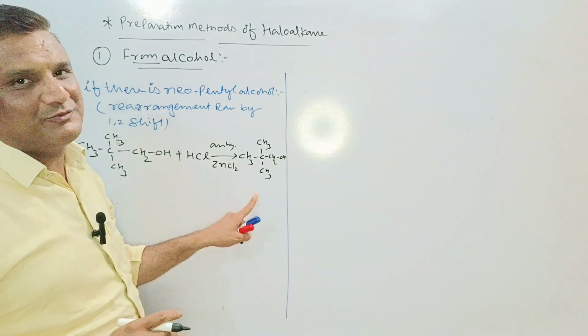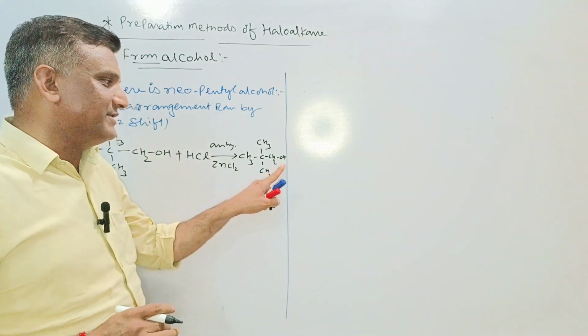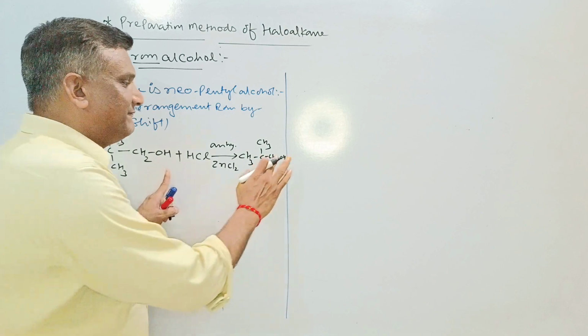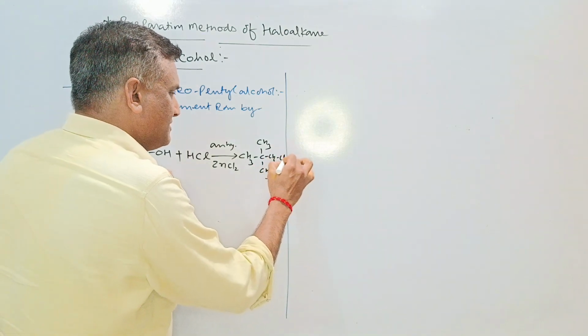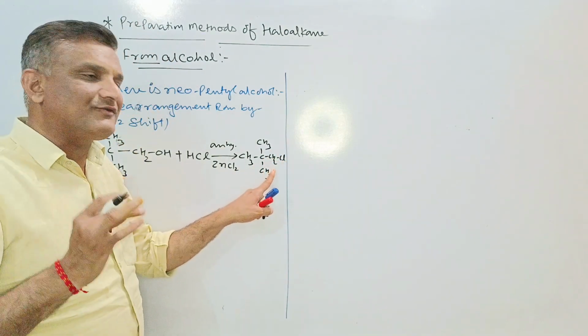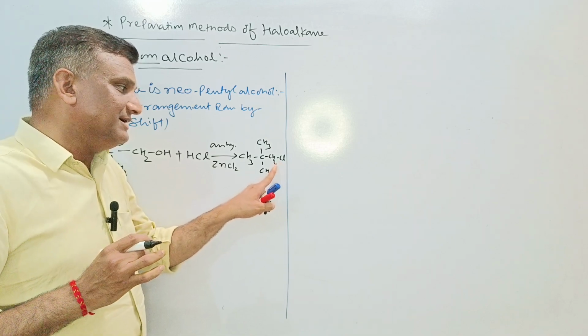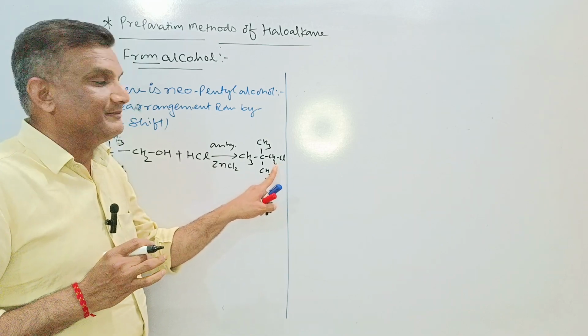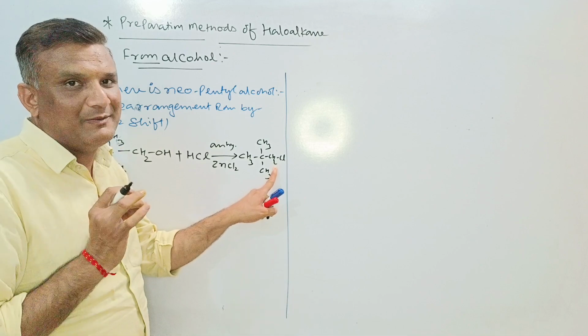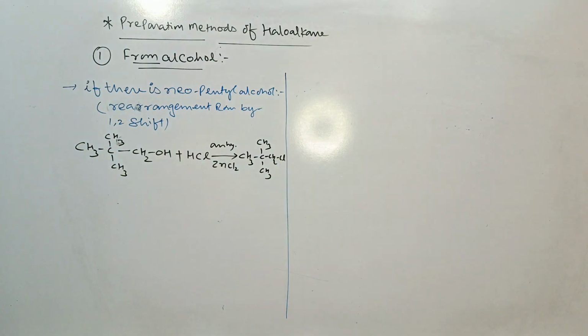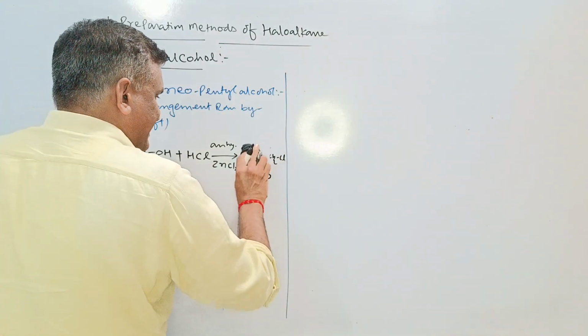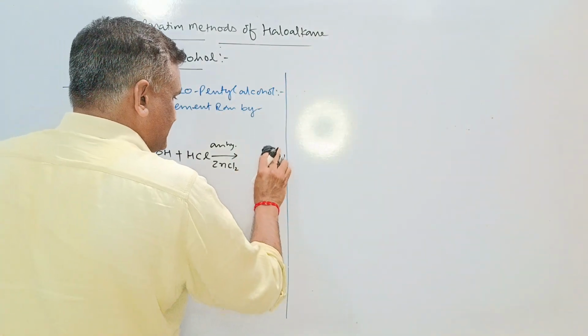But this is not the actual product because it's just a 1 degree carbocation. Here will be formation of CH2Cl. But here it's not right because neopentyl forms just a 1 degree carbocation. How? We'll see. The right product is as follows.